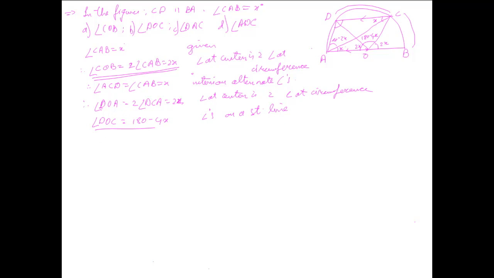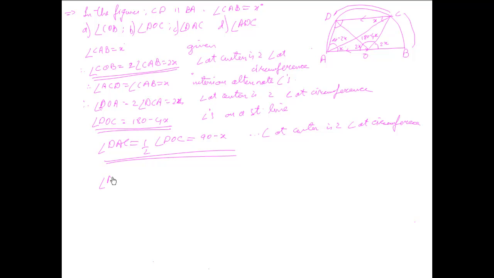Angle DOC, which is 180 minus 4x, that's the second answer. Angle DAC, children, will be half angle DOC, which is equal to 90 minus 2x. Angle at center is twice angle at circumference. So children, it's made by the arc CD, at center and at circumference.